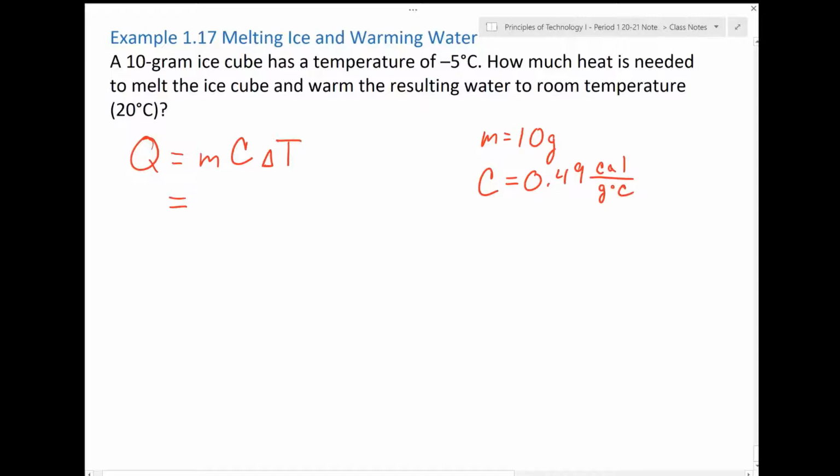Finally, of course, the change in temperature is equal to the final temperature of 0 degrees Celsius minus the initial temperature of -5 degrees Celsius. So that is going to be a positive 5 degrees Celsius for change in temperature.